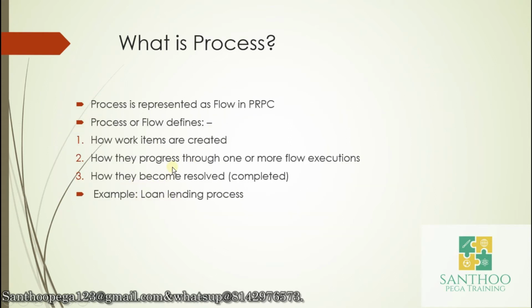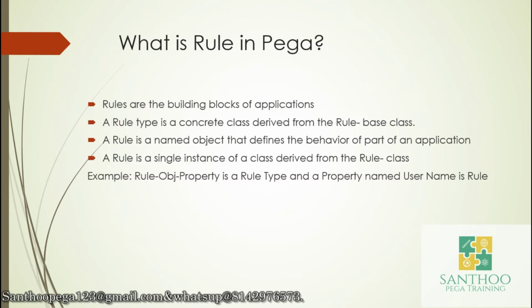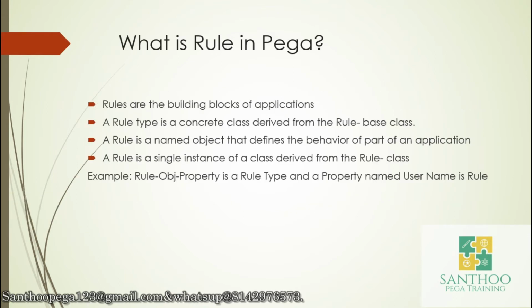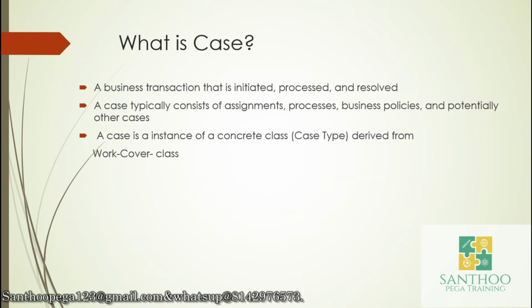As we have seen in this example of a property, here you see Rule-Obj-Property. What does that mean actually? This is one base class, this is another base class, and this is a concrete class. So this is the combination, and it creates one instance. That instance I use in my application, so that I can create multiple properties.